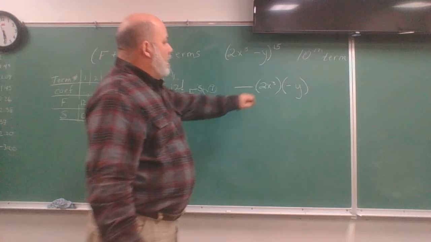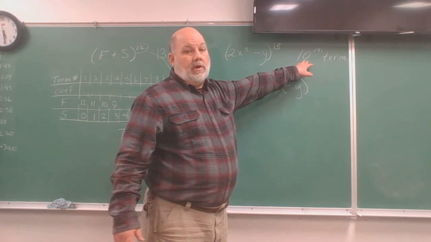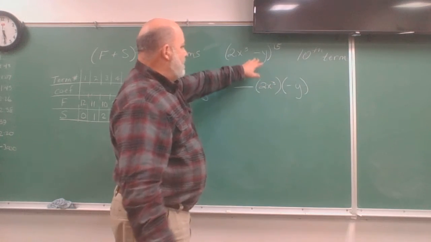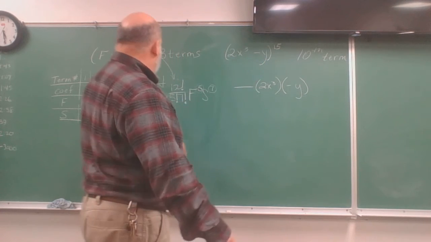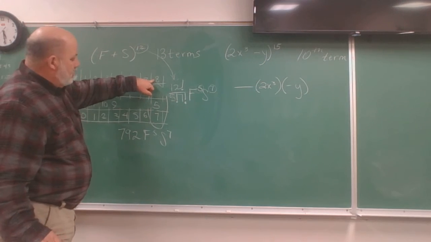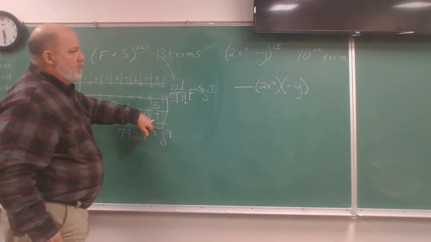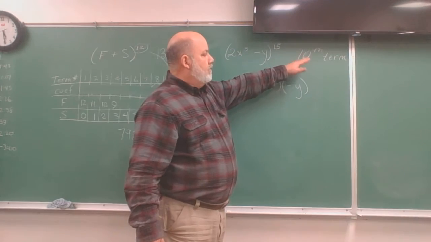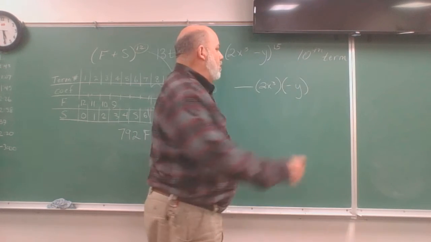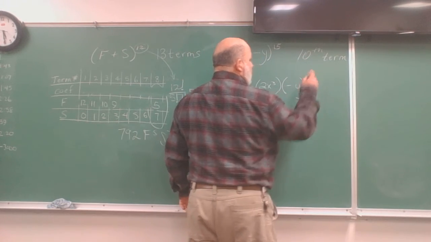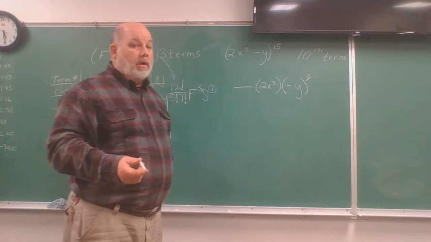Since I am looking for the 10th term, I know that my second term in the quantity will be to the, what is it? When I was looking for the 8th term, it was to the 7th power. I'm going to do 1 minus it. This number minus 1, I should say. So if I'm looking for the 10th term, this y is going to be to the 9th power.